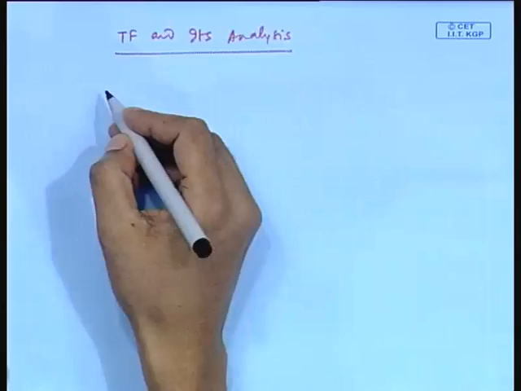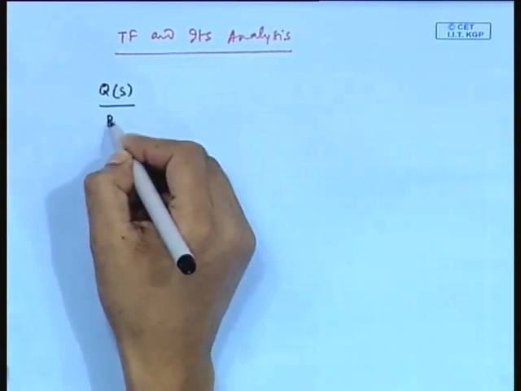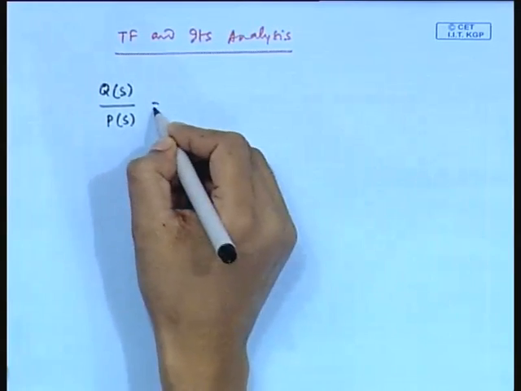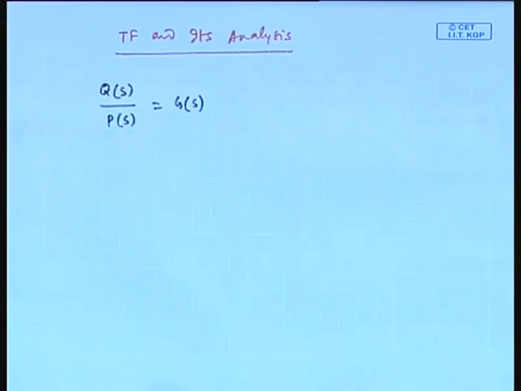So, we have mentioned earlier that Q(s) divided by P(s) is the representation of a transfer function. I mean the transfer function is the ratio of two polynomials, Q(s) divided by P(s).